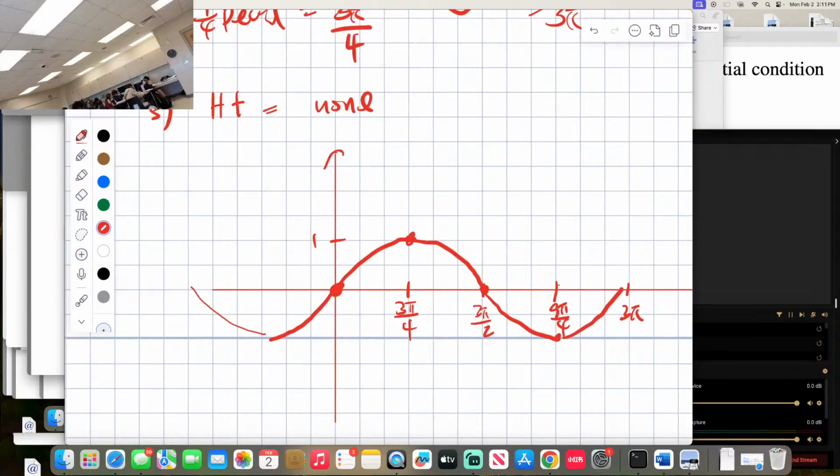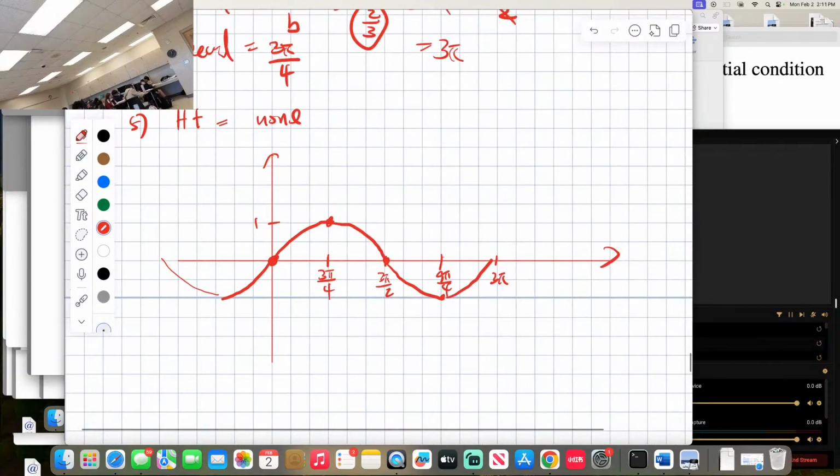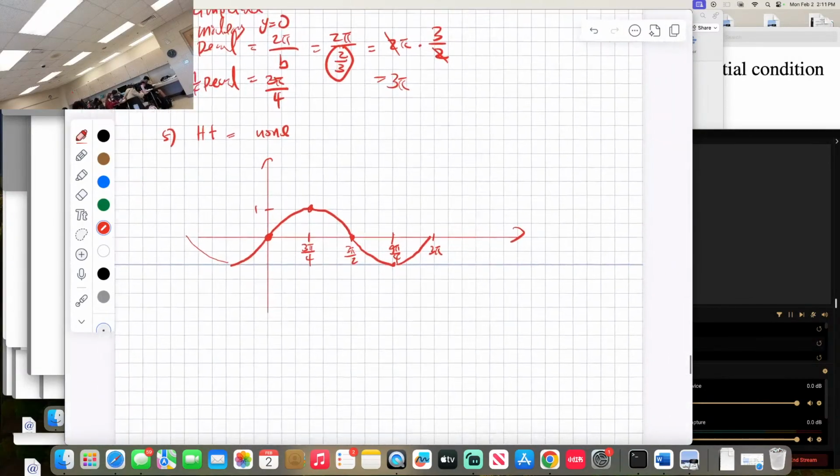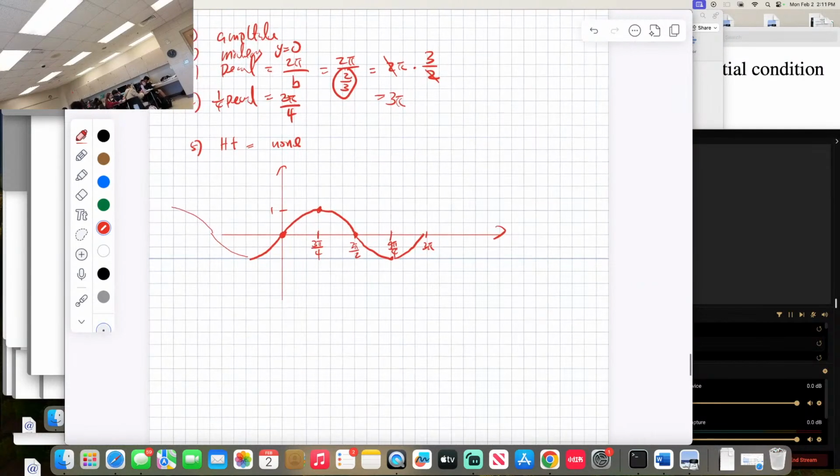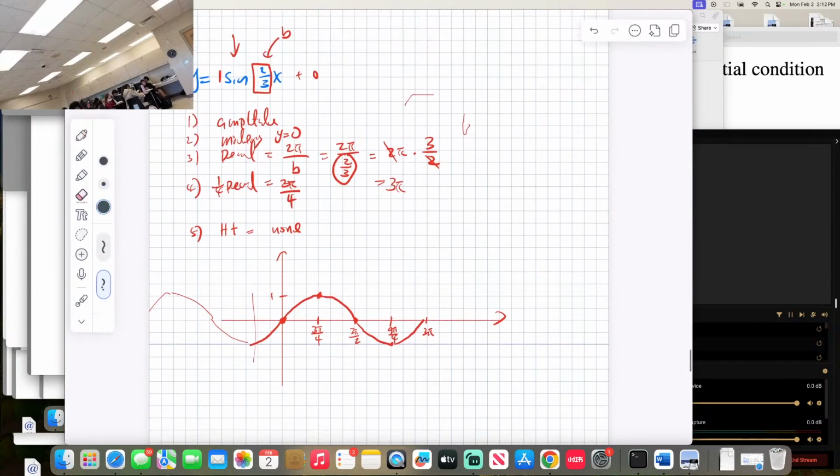That's going to be here, this is going to be here, and this is going to be, I don't have enough room, but it's going to go to the other side. That way you can see 2 pi. But again, this one has 2 over 3.